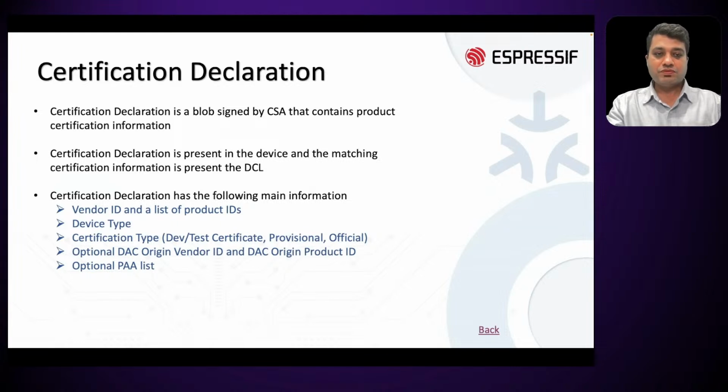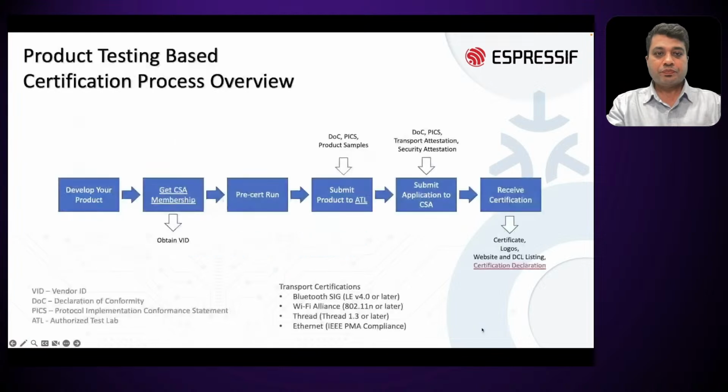It is a list because a family of products can be certified together. It also includes the type of device, and the certification type, whether it's a provisional certification or an official final certification. Also, there is some additional data present in the certification declaration.